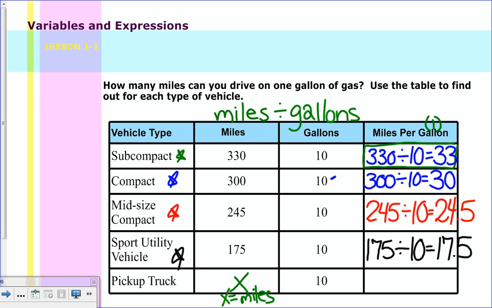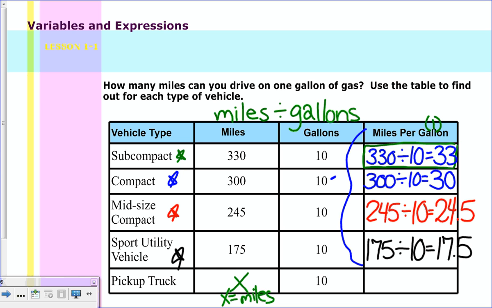Now we need to fill in that other blank. We need to figure out how many miles per gallon. Now, you're not going to get just a number because we don't know what that X is. But we can use that same pattern we've seen above in order to solve this. And if you look at all of these ones up here, we did the same thing. We took the number of miles they gave us and then divided by how many gallons that vehicle could go.